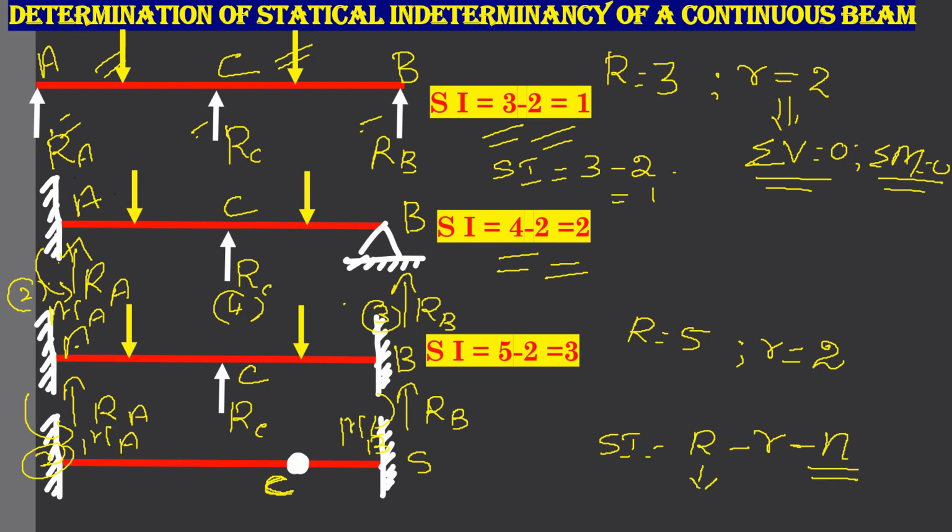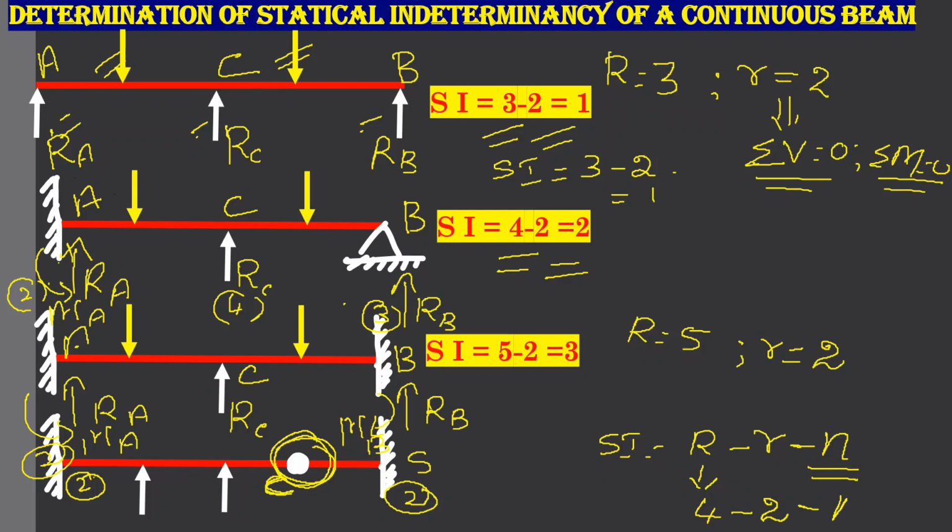So here you have two reactions here, two reactions here. So R is 4, minus small r is 2, that is number of equilibrium equations is 2, minus N is 1. N is the number of hinges. So you have one hinge, so it is 1.